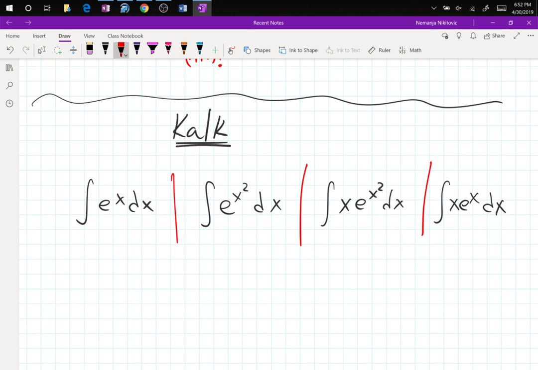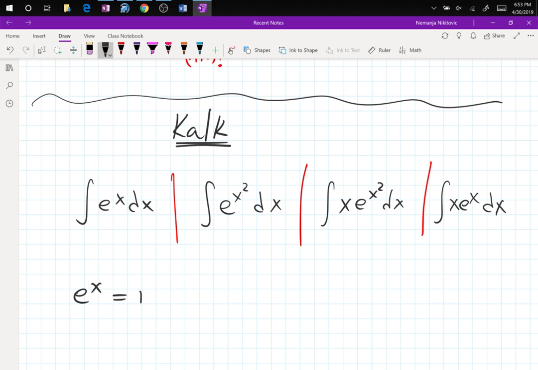There is nothing that you can do except for, let's see, the power series. Hello, power series. What is my expansion for e to the x? We just said what it is, right?